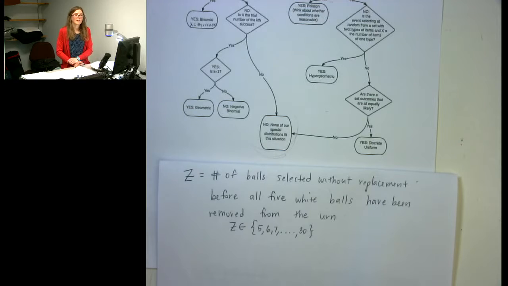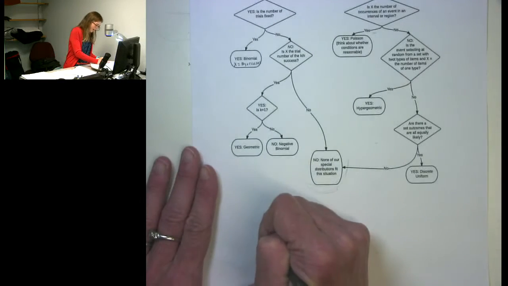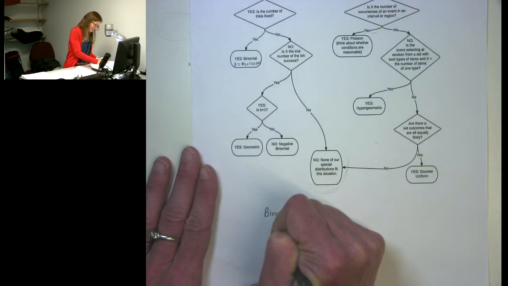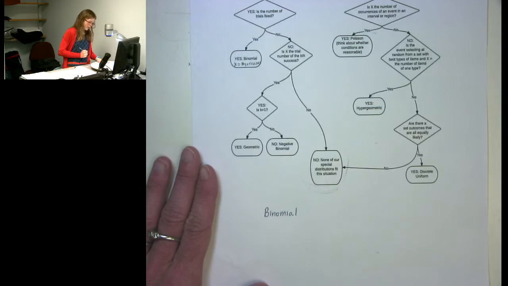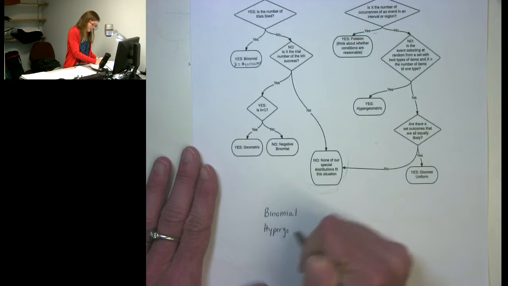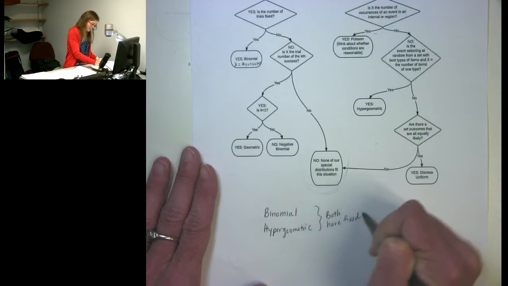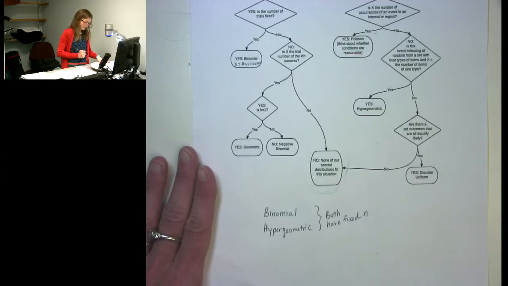So I hope that this gives you a little help working with the flowchart and just thinking about how to identify what we're looking for. Keep in mind that for a binomial and the hypergeometric, both have a fixed sample size n.